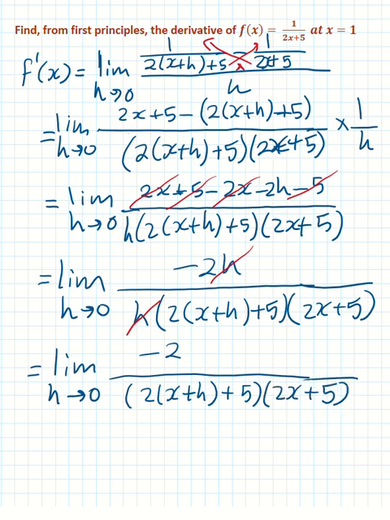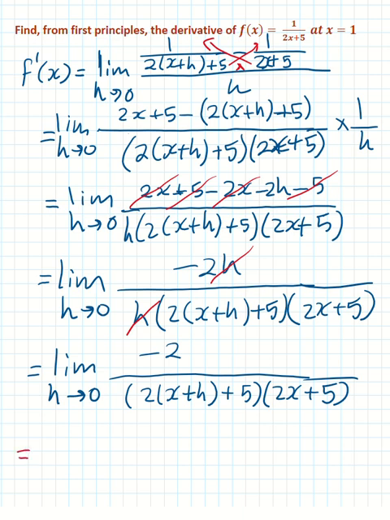Now, what we can do is apply h equals 0 into the formula. Just notice that the reason why we did all of that was to get rid of this h in the denominator. Otherwise the formula, or the answer, is going to be undefined.